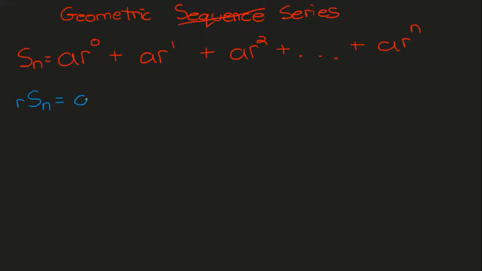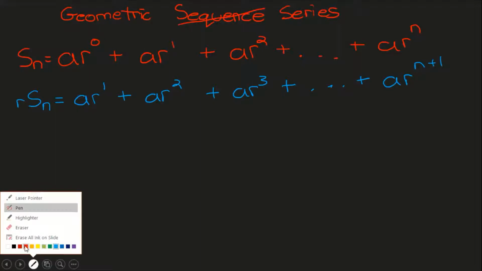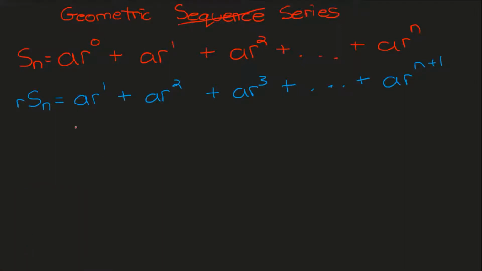So for our first term, we're going to have a r to the 1 plus a r squared plus a r cubed and so on until we get a r to the n plus 1, right? This is just utilizing our exponent rules to do the multiplication across the board.